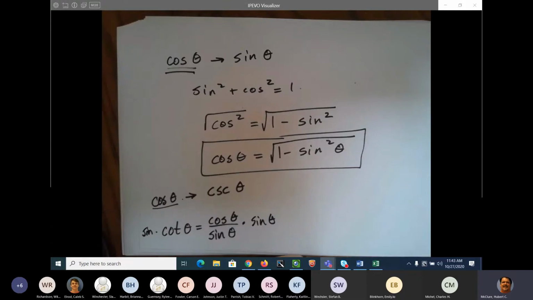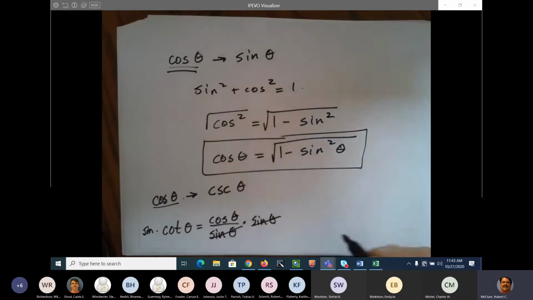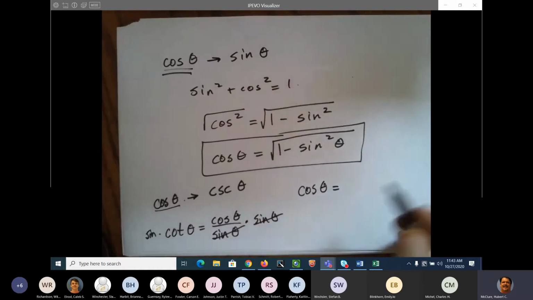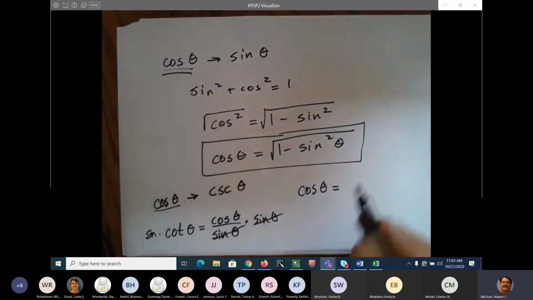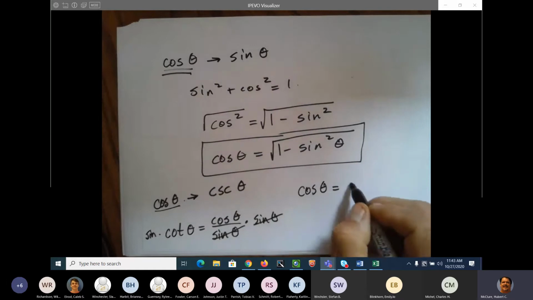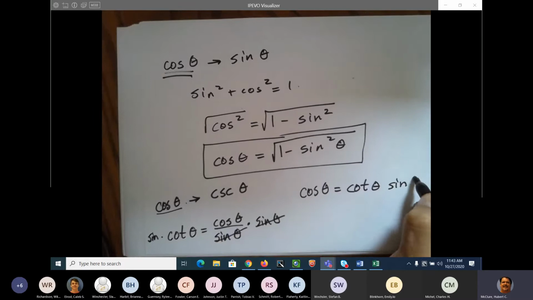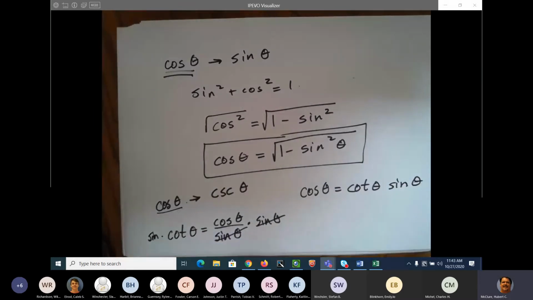Okay, so I'm going to multiply by sine. So the cosine of theta is equal to the sine times the cotangent, or the cotangent times the sine. Now I can rewrite both of these in terms of the cosecant.